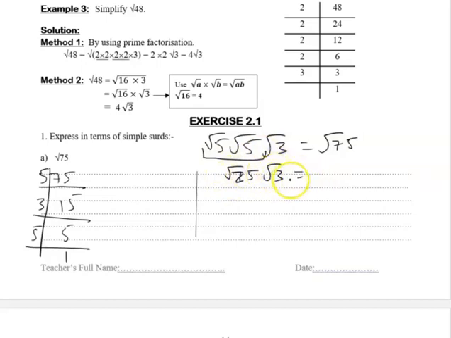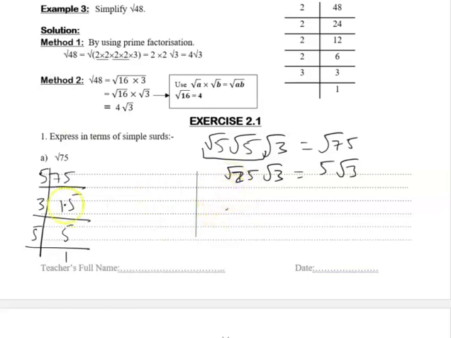The square root of 25 is 5, and then you have root 3 left on the side. So when you multiply any surd by itself, the square roots essentially cancel out. So if you were to do root 10 multiplied by root 10, your solution would be 10. Because root 10 multiplied by root 10 is root 100, which is 10.